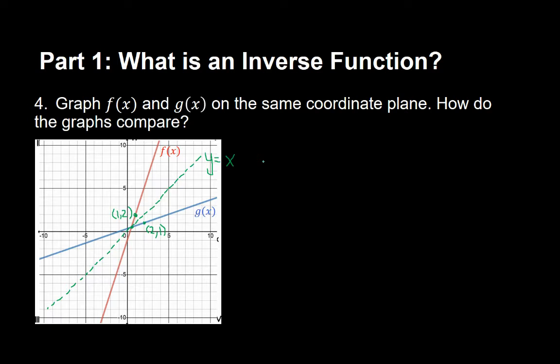The inputs and outputs get switched. So that's what we have going on here, 1, 2, and 2, 1. The x's and y's are switched. And also graphically, an inverse function is just a reflection of the original function over the line y equals x. And that's because if we're saying y equals x, we're switching the x's and the y's. They're equaling each other.